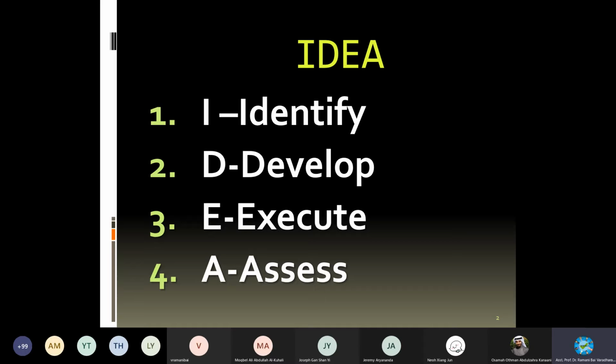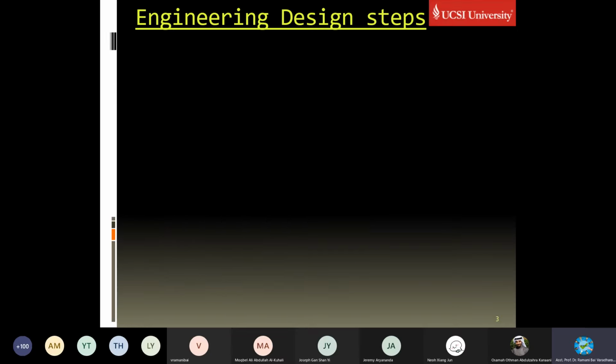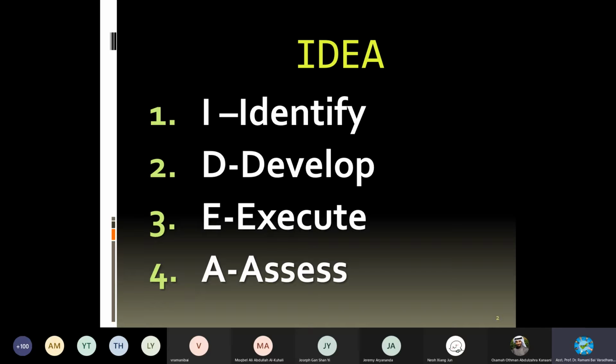How to get an engineering design done overall? It is applicable for all types of engineers. The basic and fundamental things that one has to remember and adapt in your design start with the engineering design steps. The steps can be remembered with an acronym: IDEA.